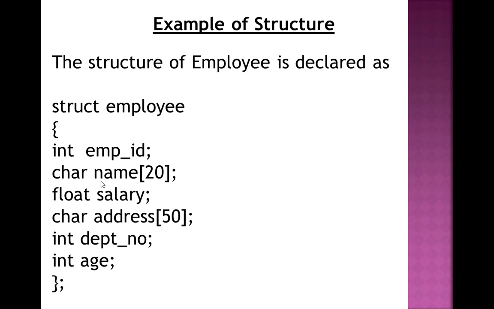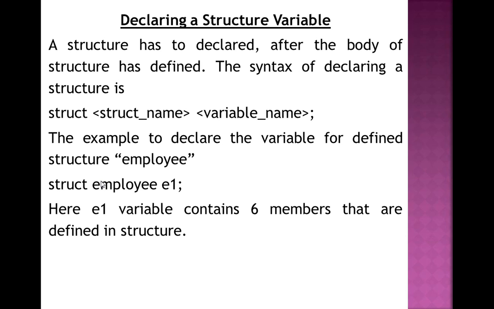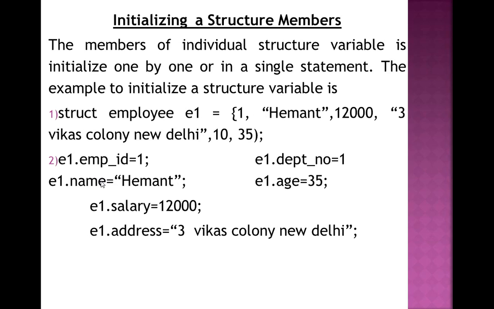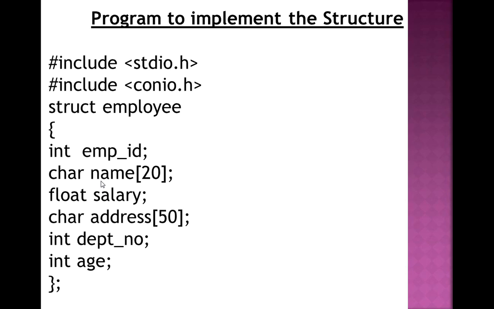Then we covered how we can define the structure, and an example of the structure. This is how memory is allocated to the structure. This is how we can declare the structure variable, that is after the structure name. Then how we can initialize the structure members, how we can access the structure members, how we can assign one structure to another structure, that is E1 to E2 and E2 to E1.